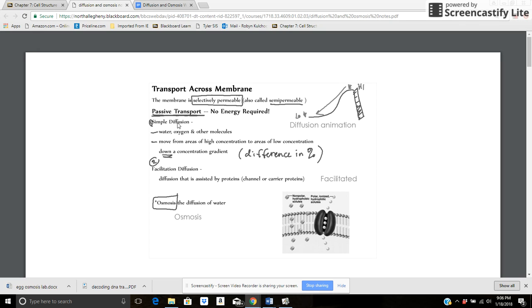So diffusion is the movement of any substance, remember, from high to low concentration. So what governs transport, what determines the direction of movement, is concentration. And we say the concentration difference is called a gradient. The steeper the gradient, just like if you're driving down a hill, the bigger the concentration difference.